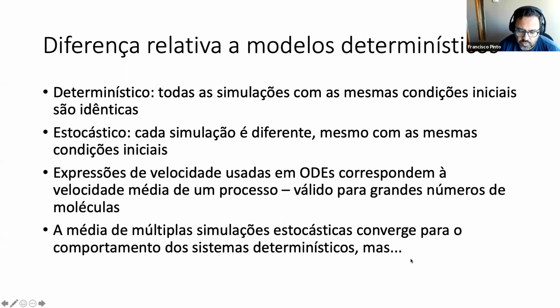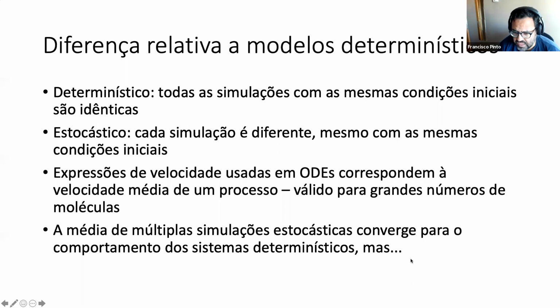Although every time we do a stochastic simulation, we get a different trajectory of the system, for many systems, especially if we make a stochastic simulation for systems with a larger number of molecules, the average of all the stochastic trajectories will match the solution of the system of differential equations.